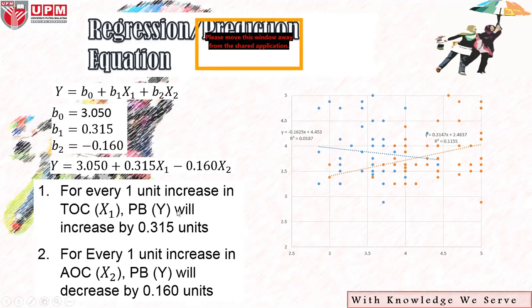For avoidance-oriented coping, the equation indicates a negative relationship, so for every 1 unit increase in avoidance-oriented coping, philanthropic behavior will decrease by 0.16 units.